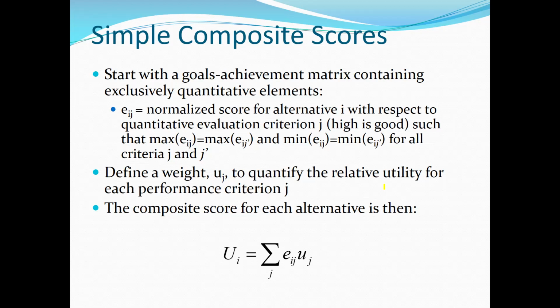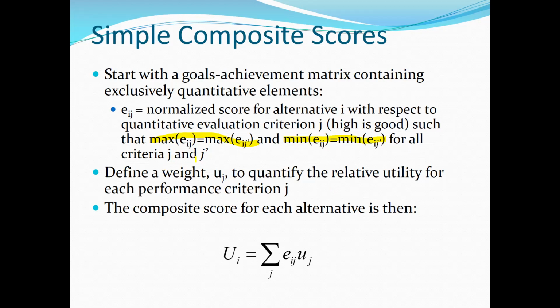So the alternative with the minimum job creation is classified as 0, and the maximum job creation becomes 1. Similarly, minimum benefit cost ratio becomes 0, and maximum benefit cost ratio becomes 1. So we normalize it in some way such that the maxima and minima for each criterion are the same. Okay.